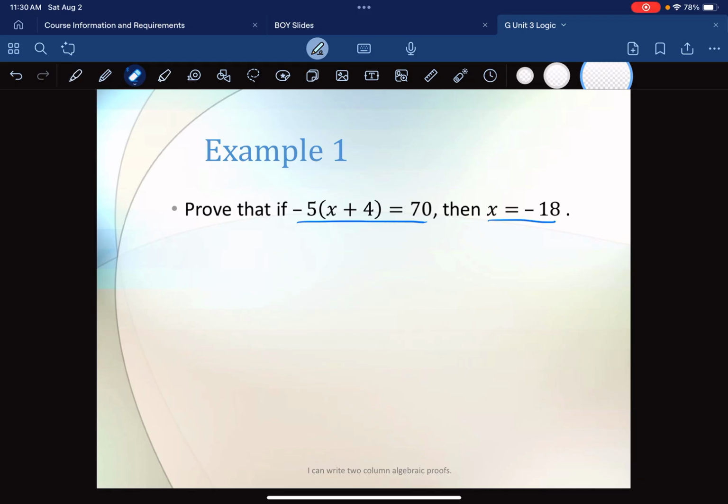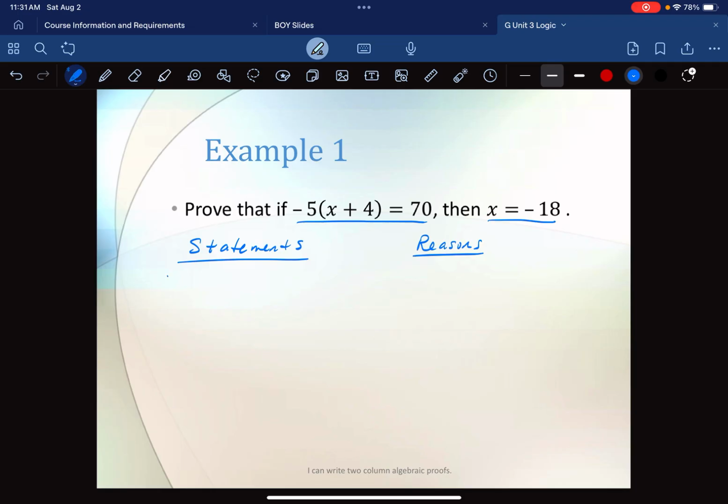That's one of the keys, is just knowing the process. And then we can focus a little more on trying to figure out exactly how to link the things together. So what you're going to have with a 2-column proof method is a list of statements and then a list of reasons why we took that particular step.